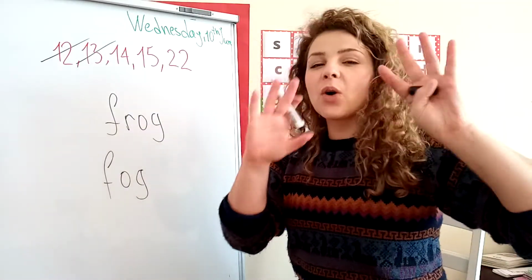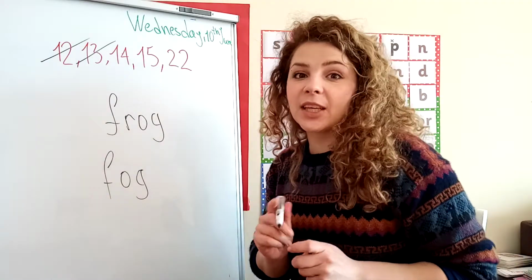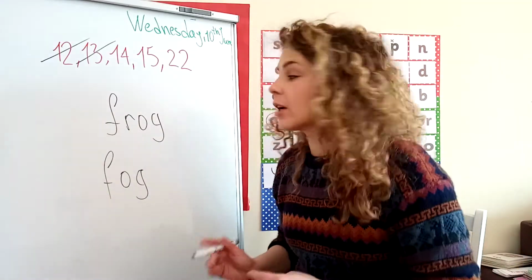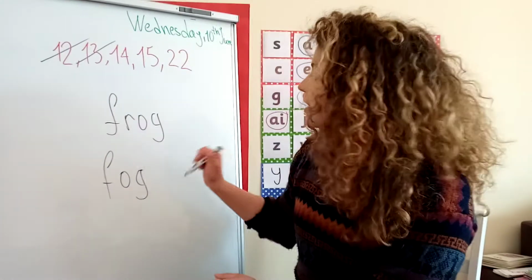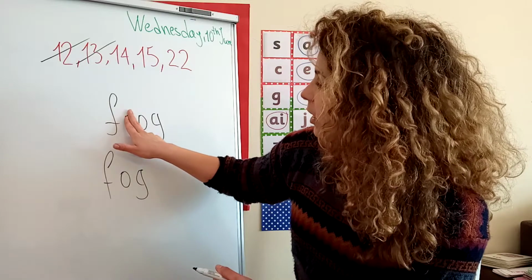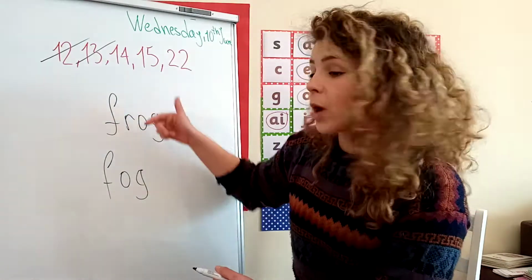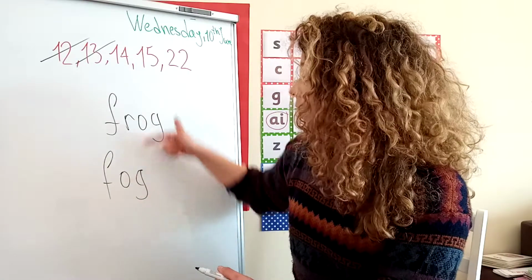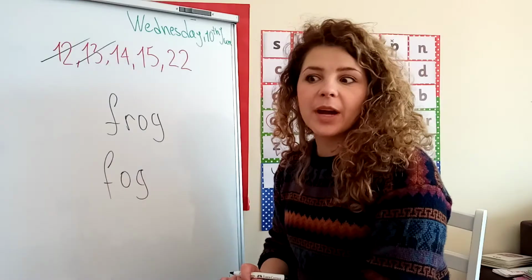It kind of seems that all the air has turned white and it's kind of clouding your vision. That's called fog. Okay, so why did I choose frog and fog? Because look, if we hide the r in frog, it looks just like the word fog, yeah? The word frog has one sound more than the word fog, and it's this sound here, r.